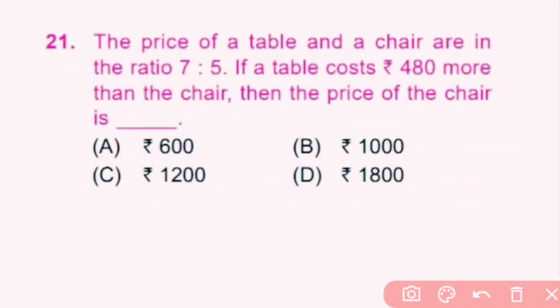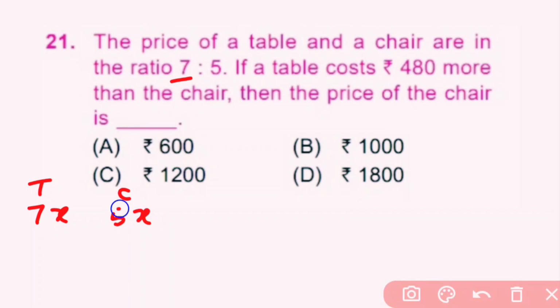Question number 21. The prices of a table and a chair are in the ratio 7:5. If the table costs rupees 480 more than the chair, then the price of the chair is dash. So here we consider the price of the table is 7x and the price of the chair is 5x.